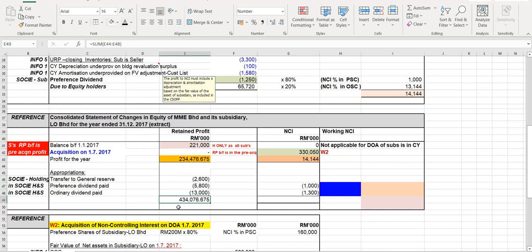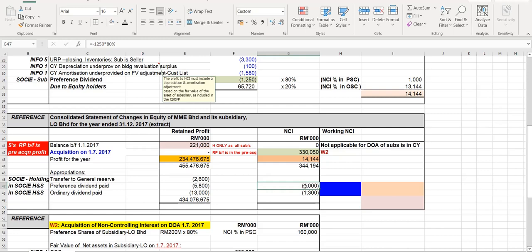You should get 434,076,675, which is actually the balance brought forward plus acquisition plus the profit for the year. You have the profit distributable to the shareholders.